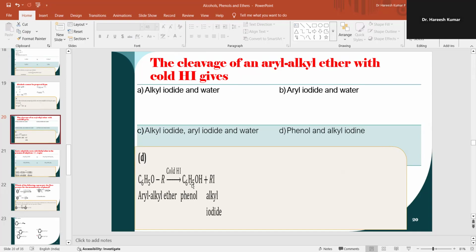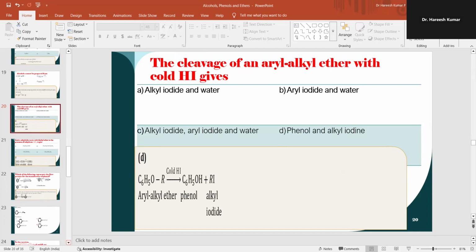It means that iodobenzene is not forming. Iodine only forms the bond with the alkyl group. So that's the reason option D will be the correct answer. Let's take another question.